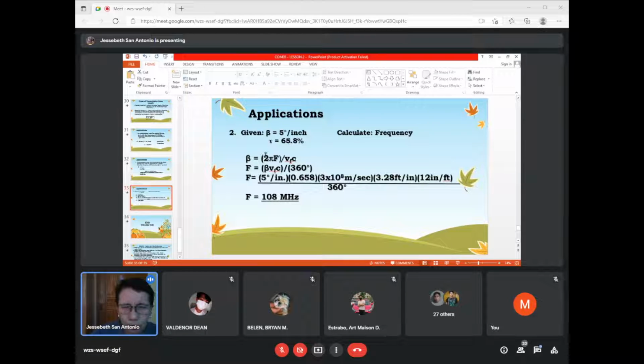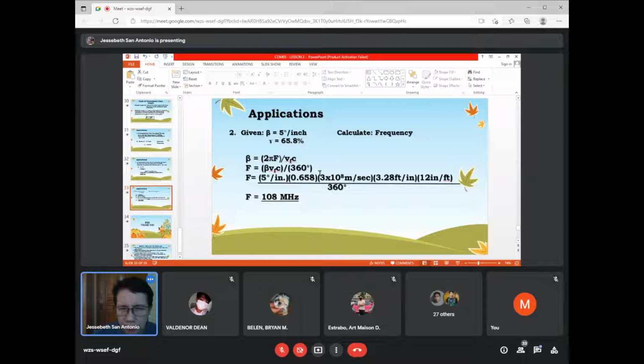From the equation, omega or 2 pi f divided by beta times VF times c, you will get the f, in which it is beta times VF c divided by 2 pi, which is 360 degrees. Substituting all the given, 5 degrees per inch.